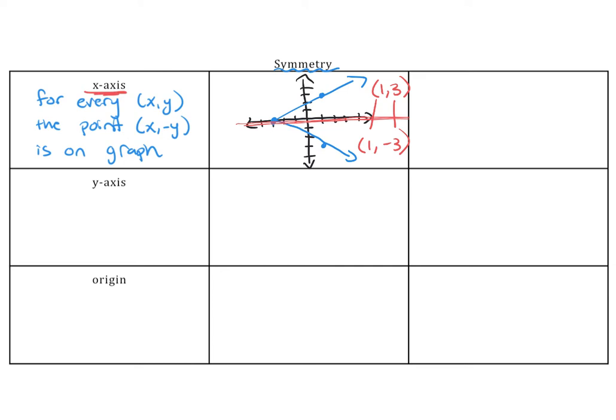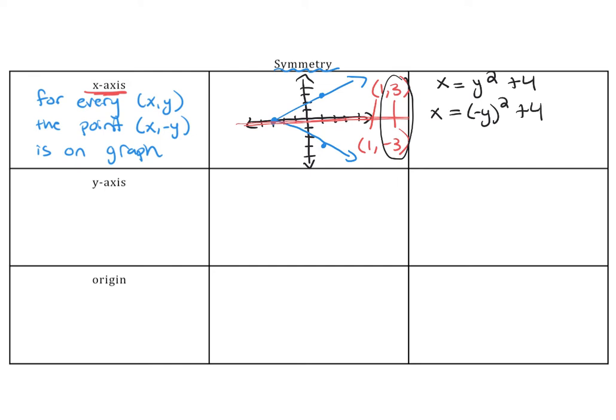Now, to do an algebraic test, here's what we do. If we start with the function, let's say we have x equals y squared plus 4. If you plug in a negative y, you should end up back at the original equation. So x equals negative y squared plus 4.